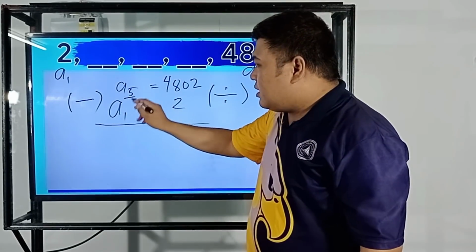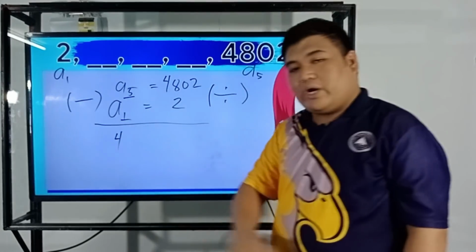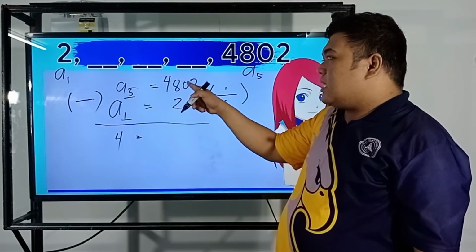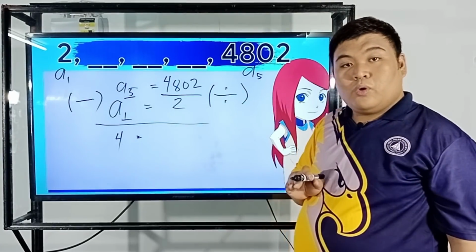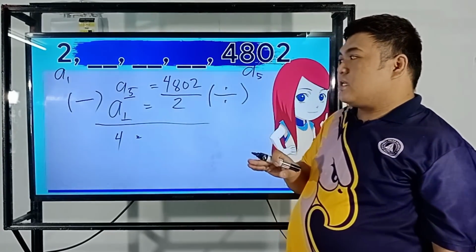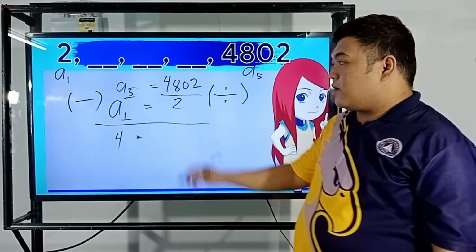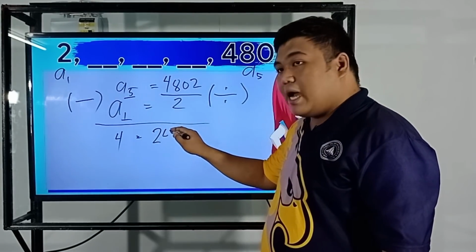O 5 minus 1, that is 4. Next, 4,802 divided by 2. Again, 4,802, that is the 5th term, divided by 2, yung first term, that is equal to 2,401.